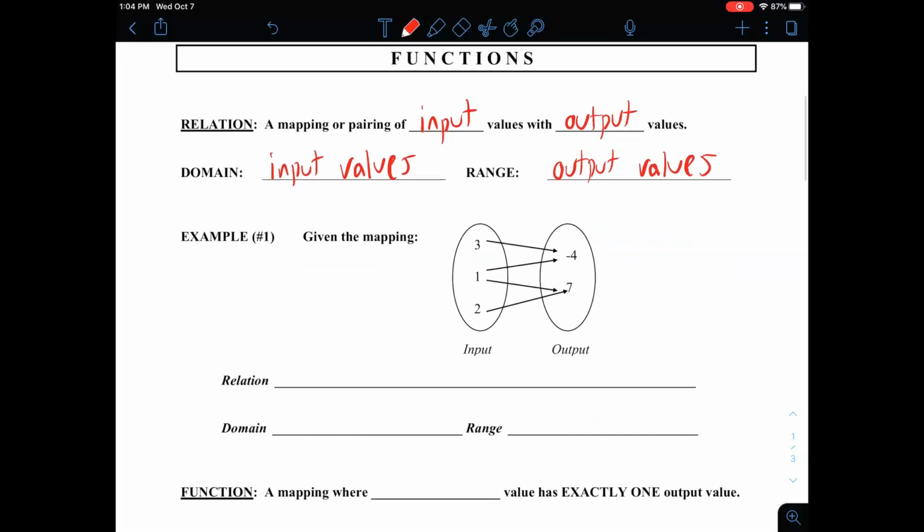Okay? So we have this input and output table over here with these little circles, and we have arrows. So basically this is saying 3 is matched with -4, 1 is matched with -4 and 7, and 2 is matched with 7. Okay? So basically it's just saying those are matching that way.